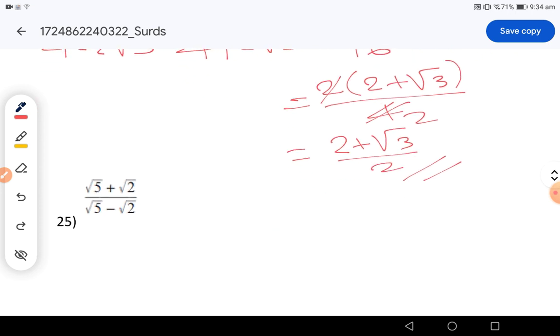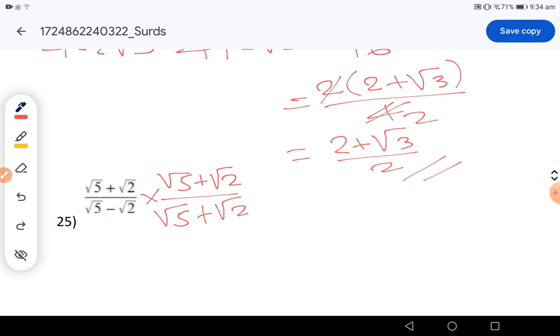Now question 25, root 5 plus root 2 and root 5 minus root 2. So multiply root 5 plus root 2 and divide by root 5 plus root 2.